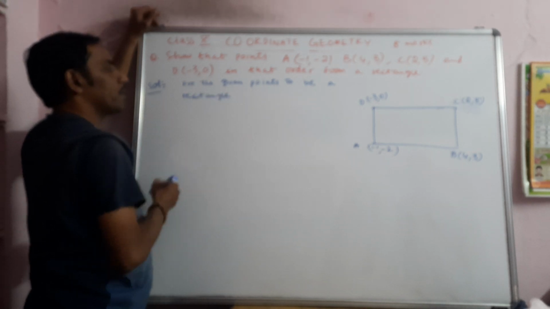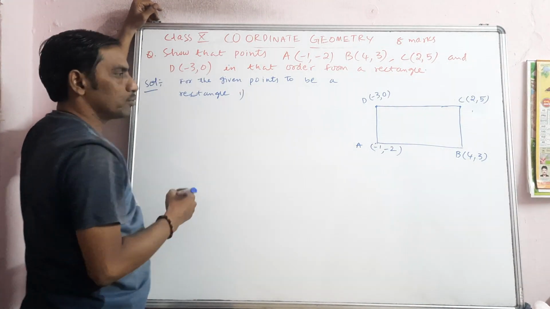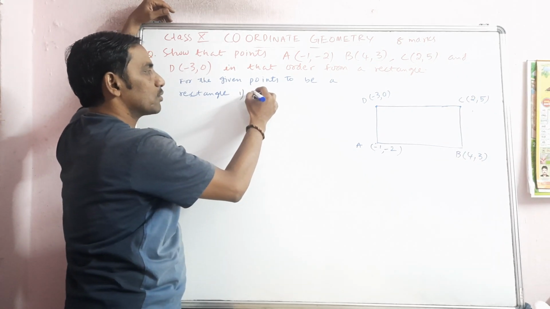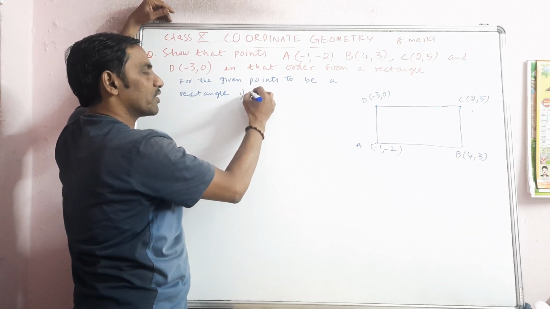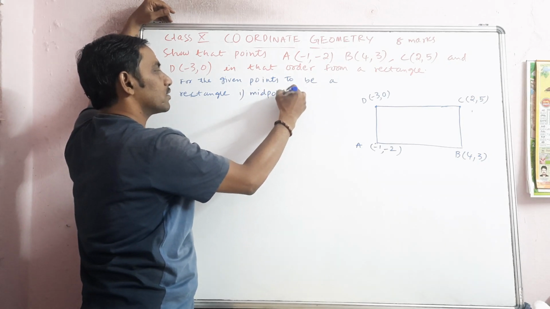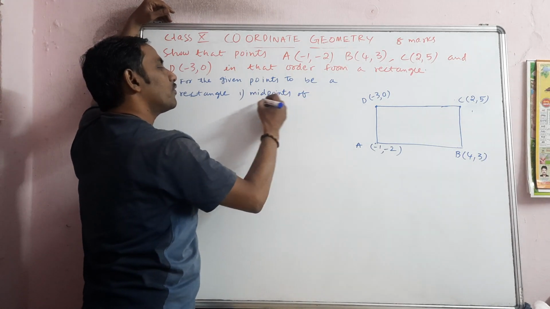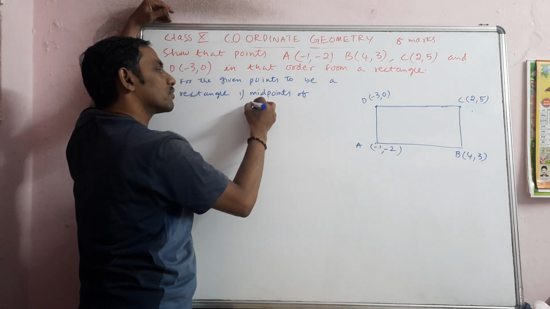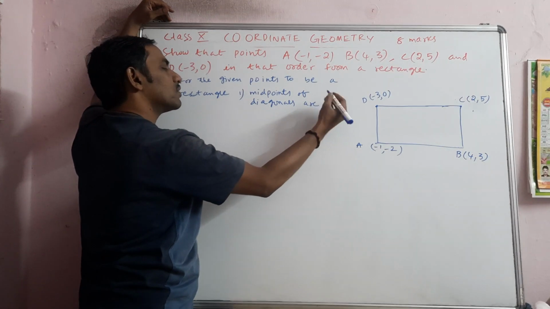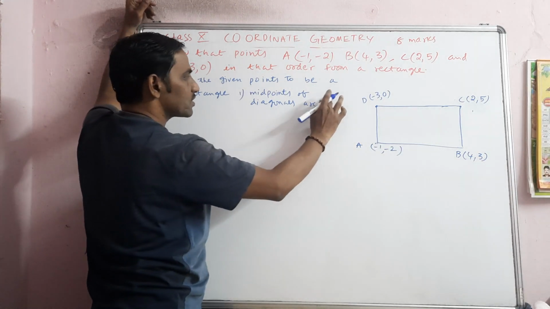Opposite sides are equal, and the midpoints of the diagonals are the same, or coincide. The diagonals are equal.